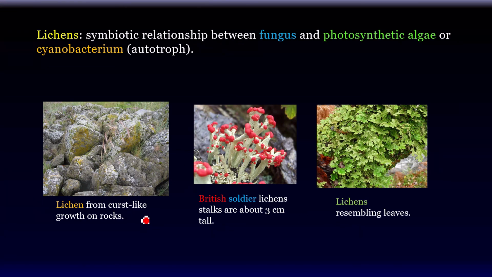Lichens, we talked about lichens, and I showed you lichens like this, but lichens are a symbiotic relationship between fungi and photosynthetic algae or cyanobacteria, which are photosynthetic bacteria. The lichen that you find like crusty growths on rocks is one example, but they don't always have to look like this.